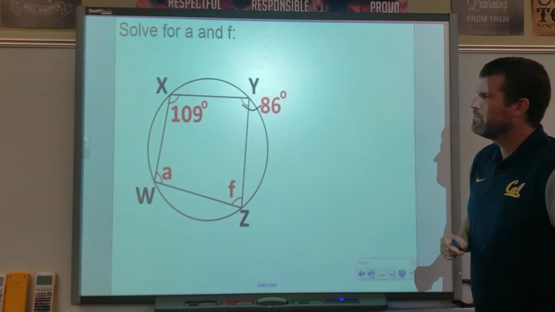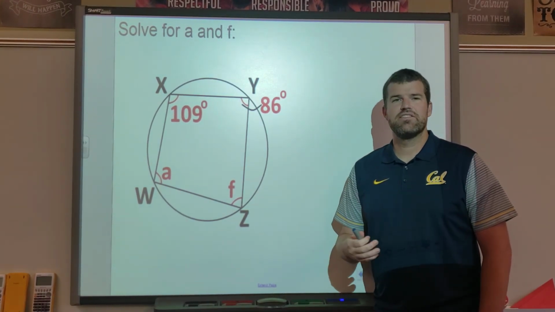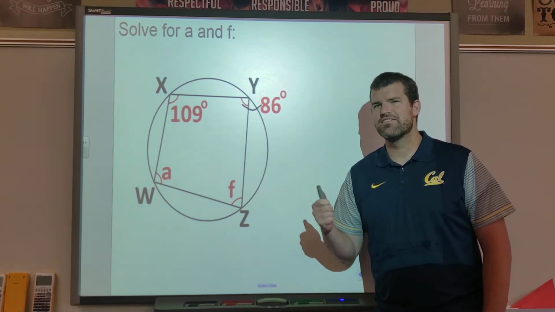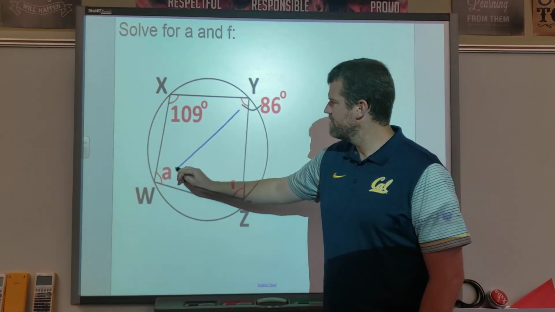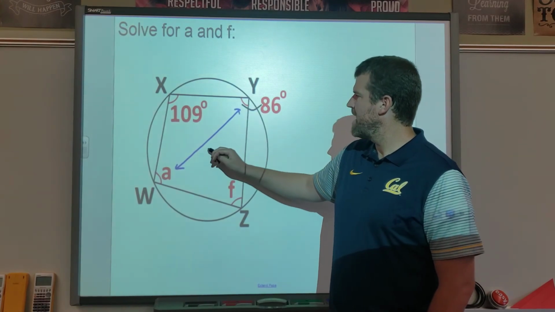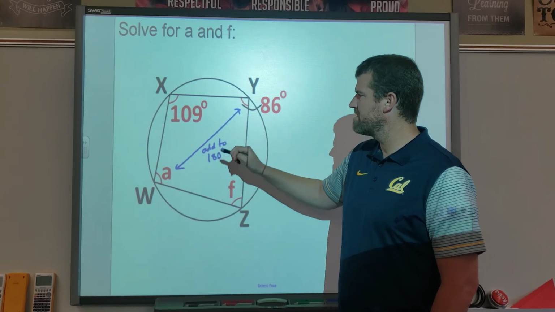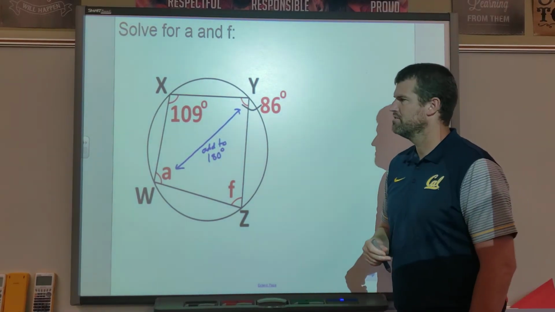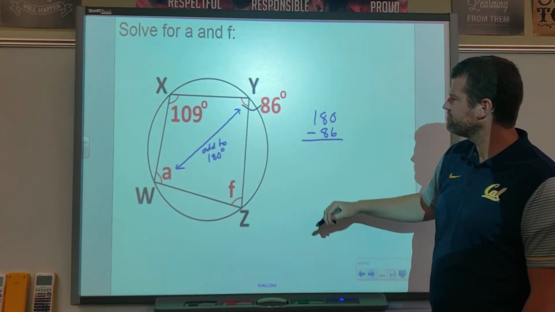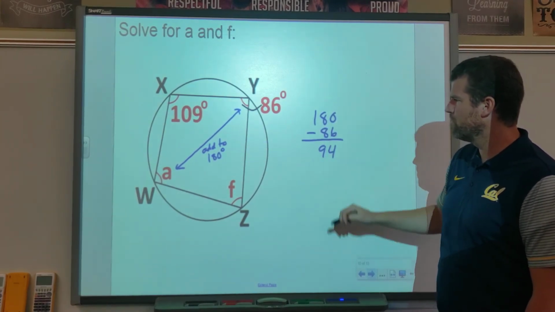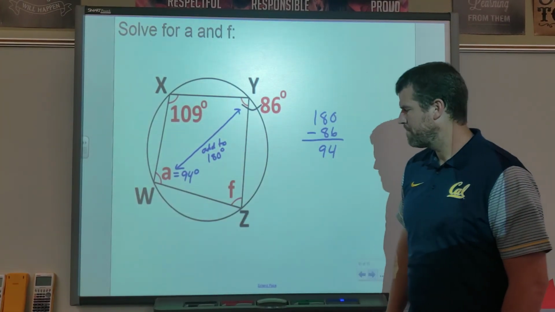So now that we know that, we can look at this picture and solve this very quickly. You have a Khan Academy that's on this as well. It's very short, as long as you've made this connection. But if we take the angles that are across from each other, they will add to 180 degrees because their arcs form a full circle. So we can do 180 minus 86, and I get 94. So the measure of angle A is 94 degrees.